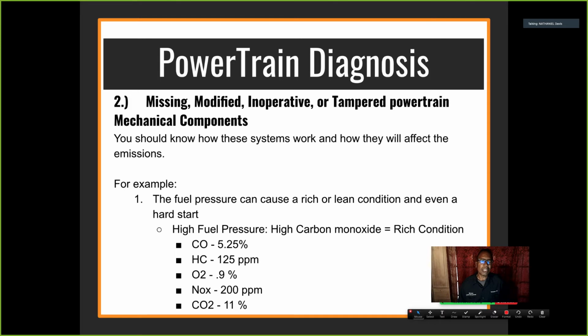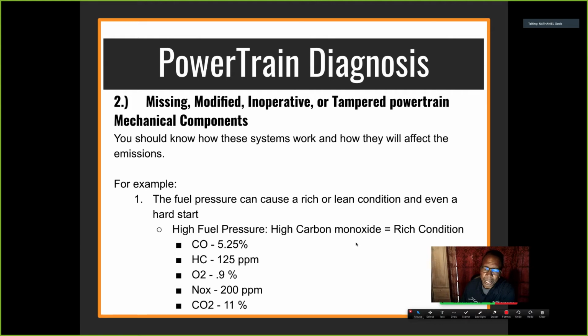Now, you should know how these systems work also. Basically, before you can go into the ASE test, you need to know how the systems work. For example, in this condition here, the fuel pressure can cause a rich or lean condition and even a hard start. Now look at this. This car has high fuel pressure.